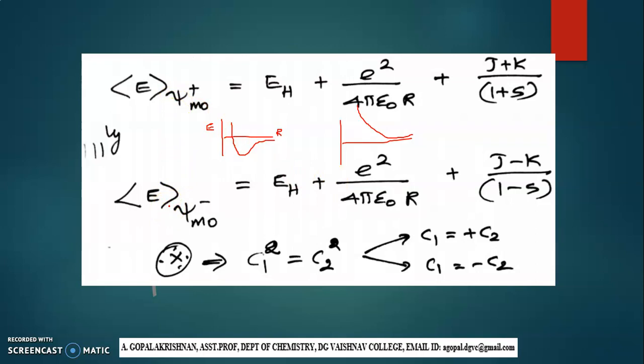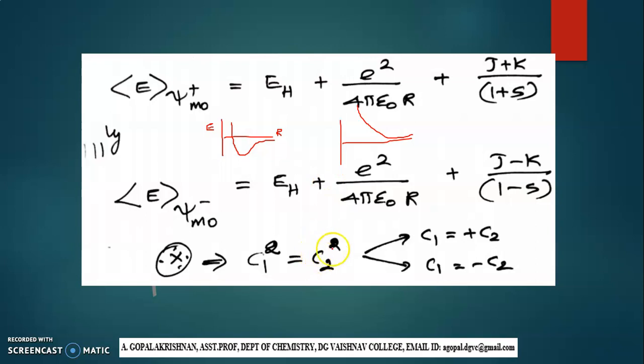But if you observe this carefully, we started with the assumption that C1 square and C2 square are equal. I told you that the atomic orbitals phi 1s A and phi 1s B both contribute equally in the molecular orbital wave function.